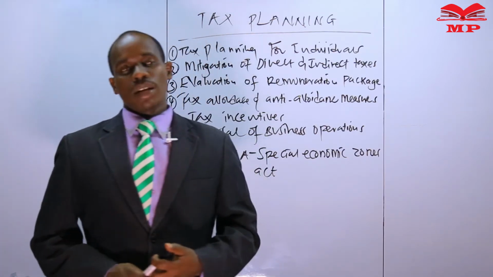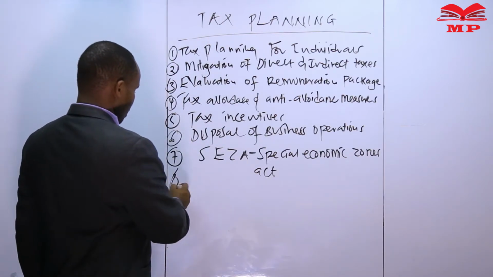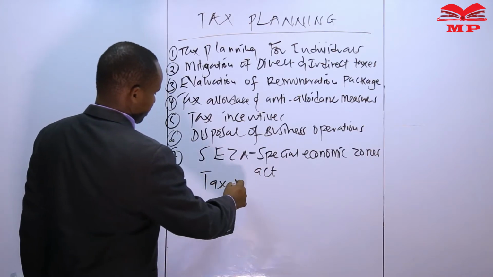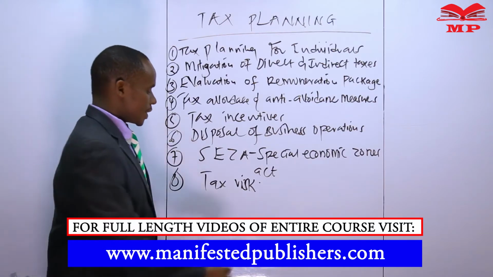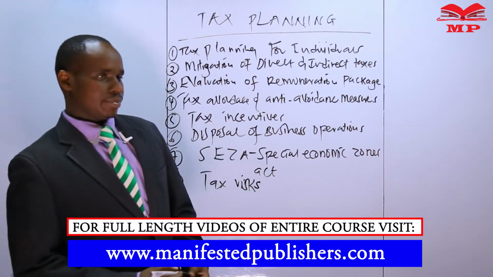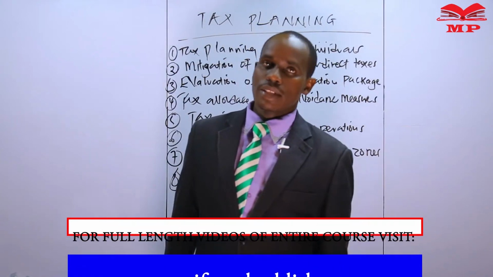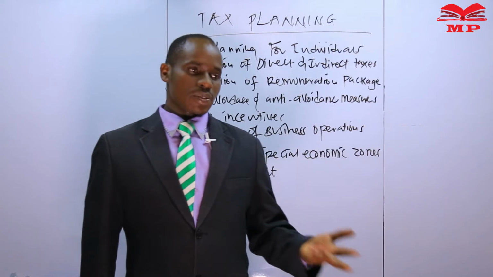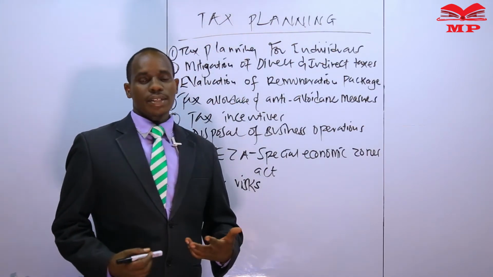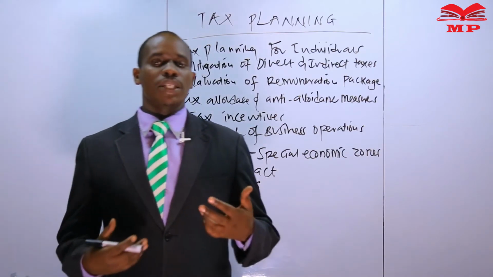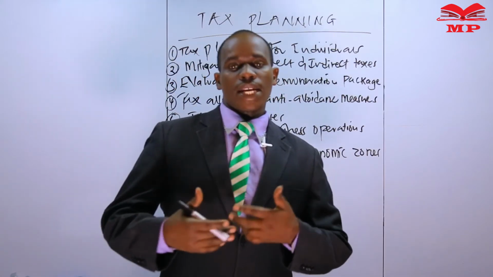And the last one, number 8, tax risks. We need also to know what we mean by tax risk. You'll see that a tax risk is a situation, or a chance, that a tax that is supposed to be paid may not be paid, or the persons may not comply with the tax system.